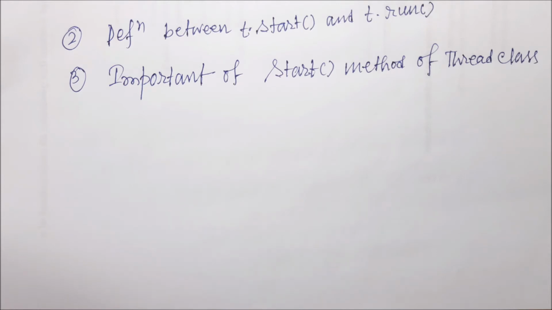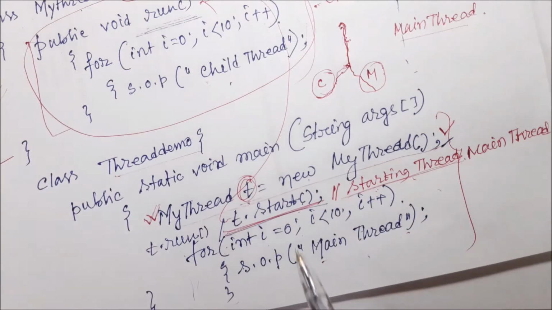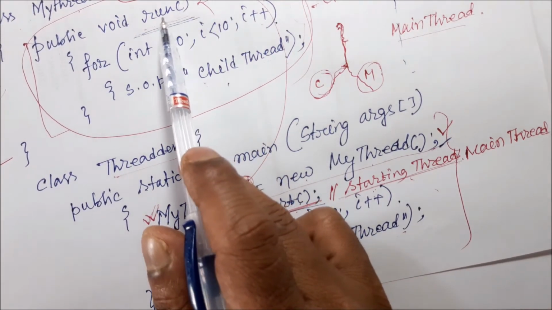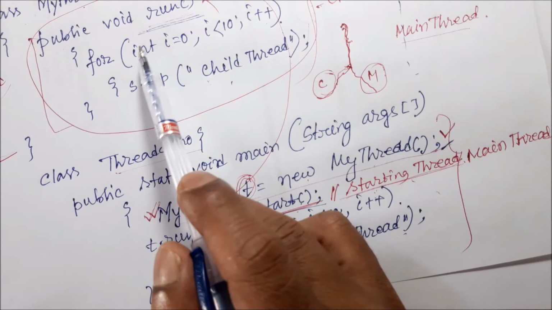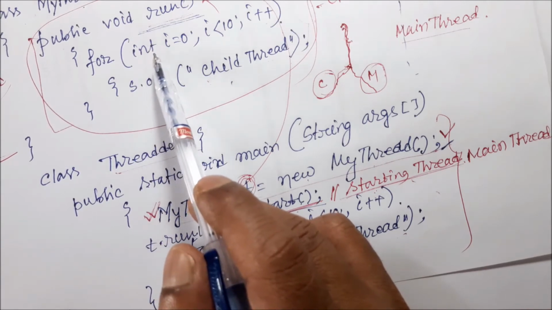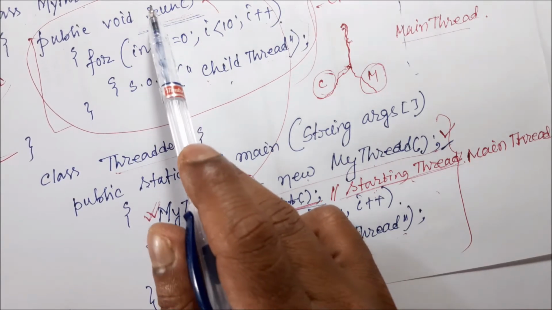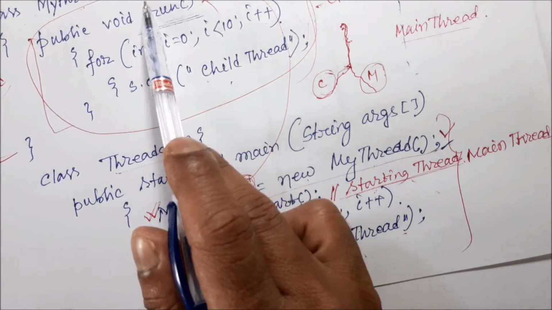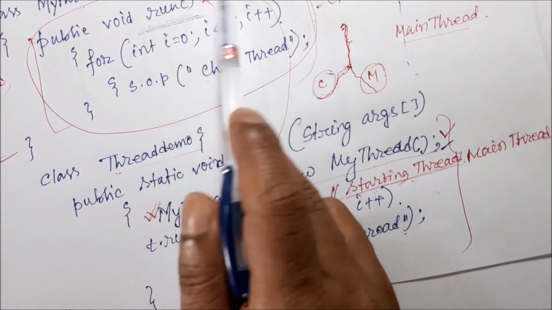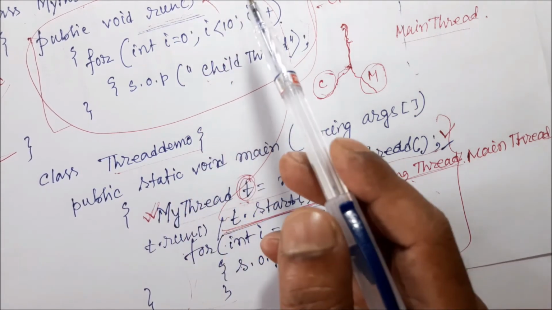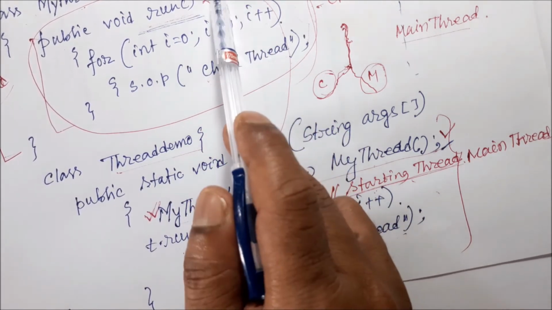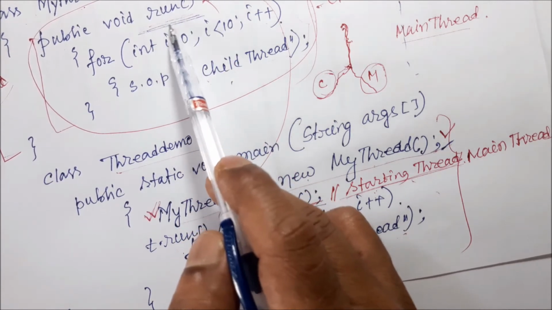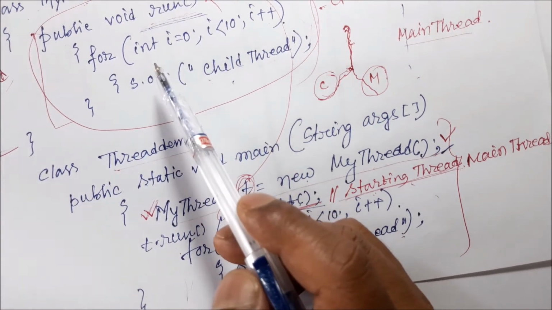If I call the start method, the Thread class start method is automatically executed, because there is no start method written here. Since the class extends from the Thread class, it goes to the superclass, the Thread class, then the Thread class start method is executed, which calls the run method, and then this run method is executed.